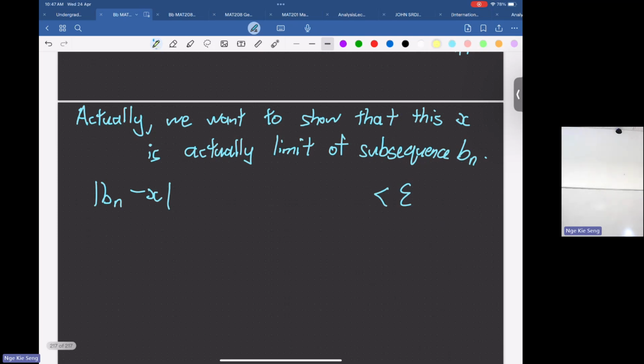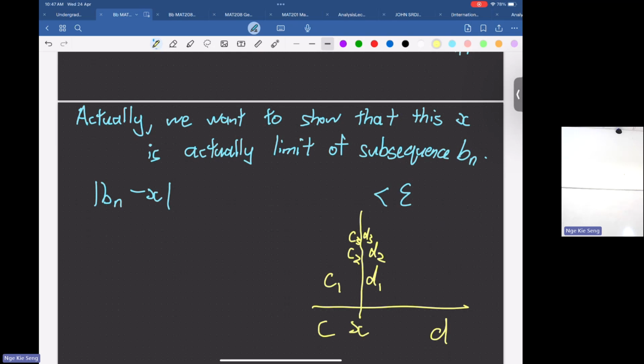You should in your mind think of [c, d], and then [c1, d1] maybe like this, and then [c2, d2] maybe like this, [c3, d3] like this, right? And then x is maybe in between here. The b's are somewhere, like b1 here, b2 here, b3 here, b4 here. So the difference between bn and x, how is it bounded?